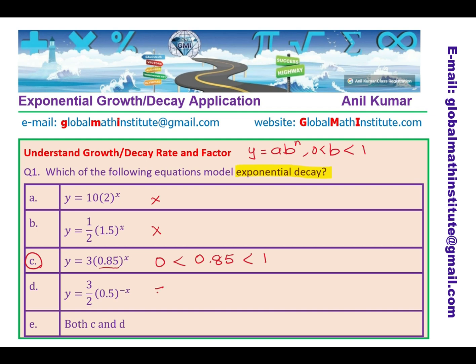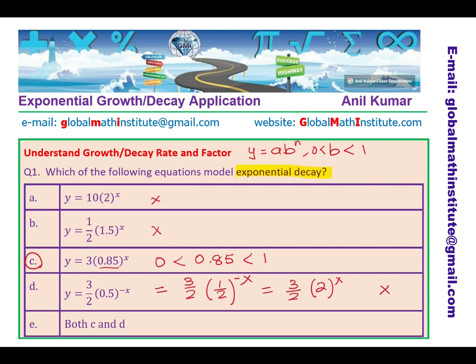So I could also rewrite this as 3 by 2 times 0.5 to the power of minus x. 0.5 is half, right? So let me first write it as half to the power of minus x. But negative exponent really means that I'll flip it, right? So it will be written as 2 to the power of x. So this is not a decay. And therefore, option E is not correct. Only option C is correct in this particular case.